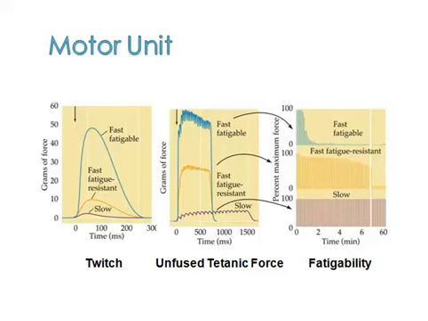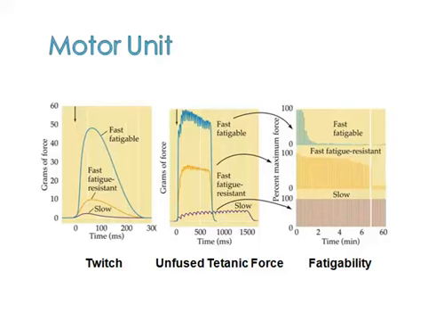The middle figure shows us unfused tetanic force. Tetanic force is referring to the amount of force that can be generated when the rate of firing for each motor unit is very high. In other words, if you're trying to fire a motor unit, you could have it fire once, then there would be a pause, then it fires again, then there would be another pause.